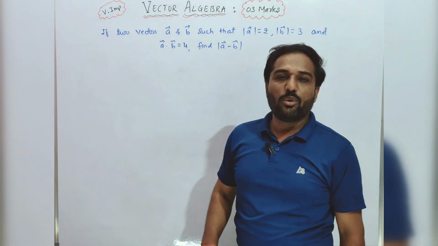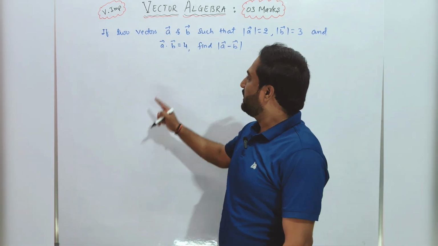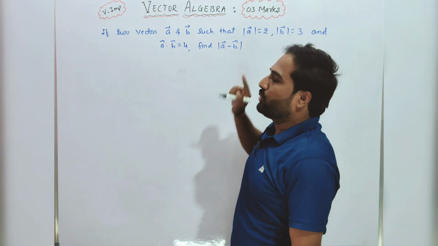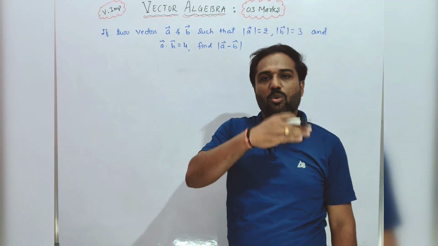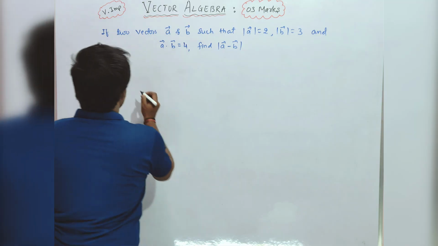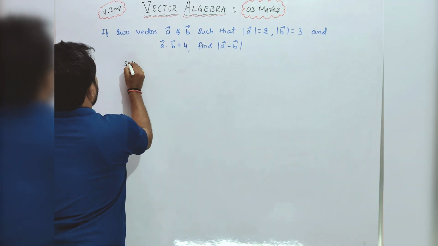So this also we need to use the algebraic formula, that is A minus B whole square. That's it. Then we'll transfer the square into the RHS. Let us see. Simple way.